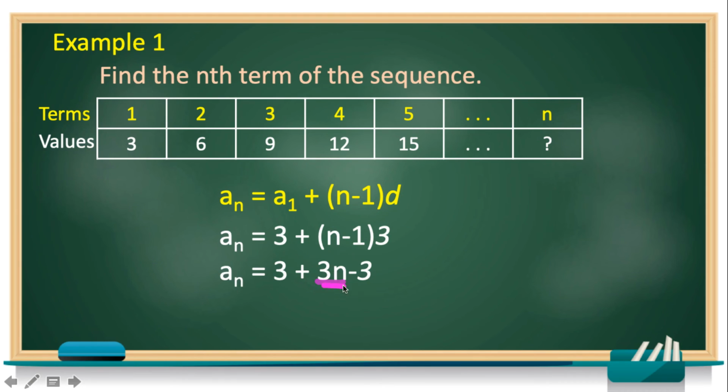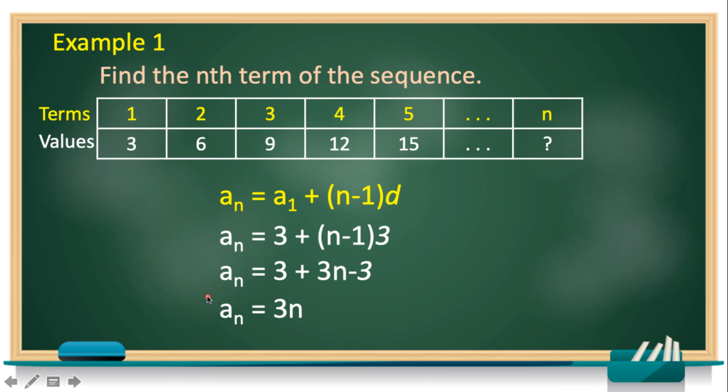Then 3 times negative 1 is negative 3. Then group the common terms. But since 3 and negative 3 negate each other, what is left is 3n. Therefore, the formula to find the nth term of this sequence is 3n.